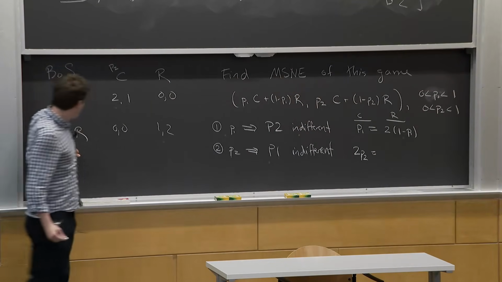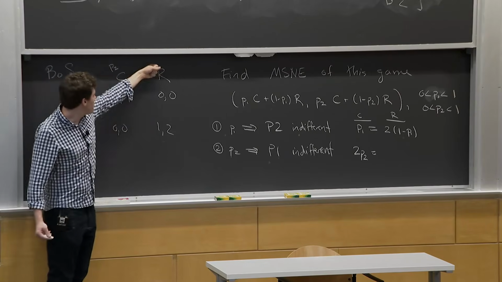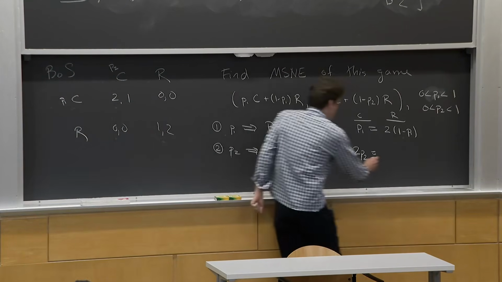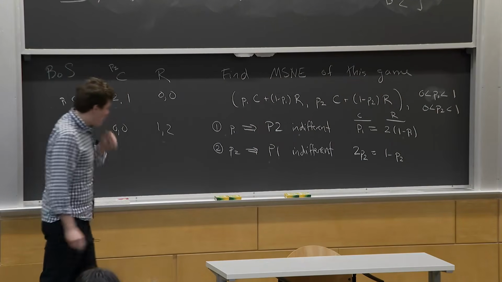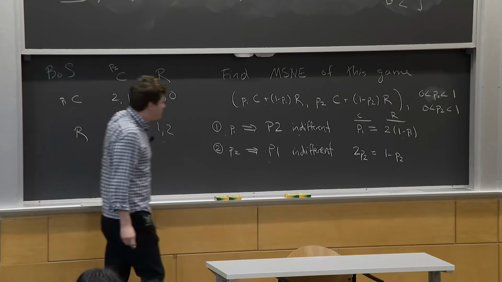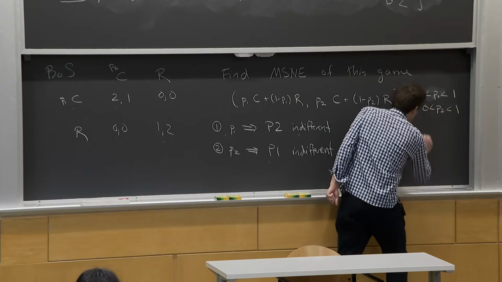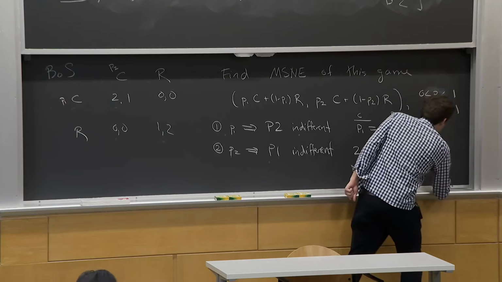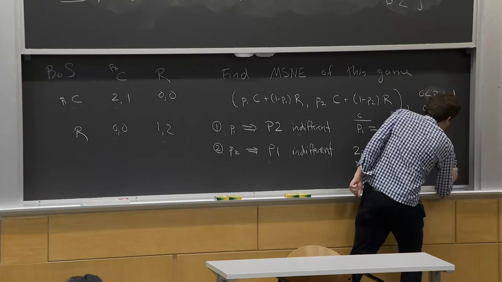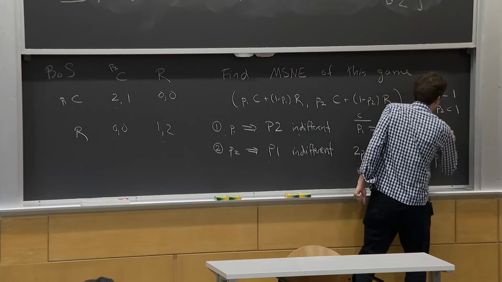And then if I play R, again, 0 with probability P2, 1 with probability 1 minus P2, so I get 1 minus P2. And we can just do some algebra here. If we pull this over, we're going to get P2 equals 1/3. And then we'll get P1 equals 2/3.